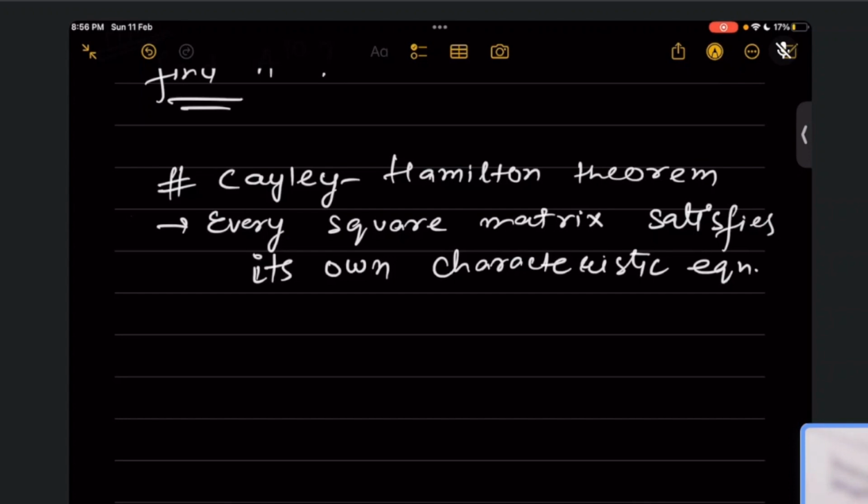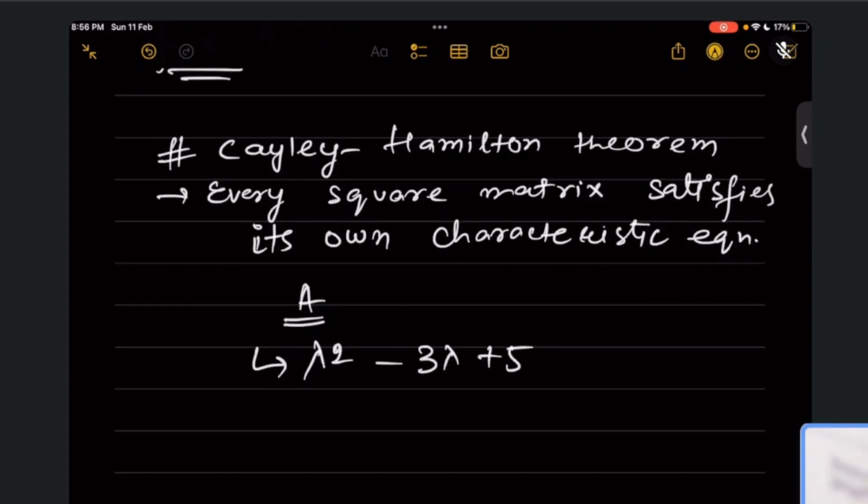So what does that mean? If we have a matrix A given and we write its characteristic equation, suppose it is lambda square minus 3 lambda plus 5. It's just a vague example.